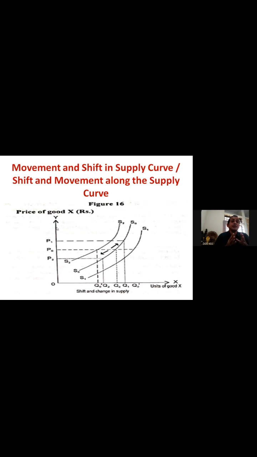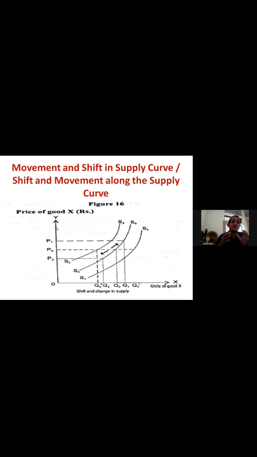What I said, I repeat: movement and shift in the supply curve, or shift and movement along the supply curve. This we will understand now. From the law of supply, we came to know that when price increases, or at a higher price, producers will supply more, and at a lower price, producers will supply less.